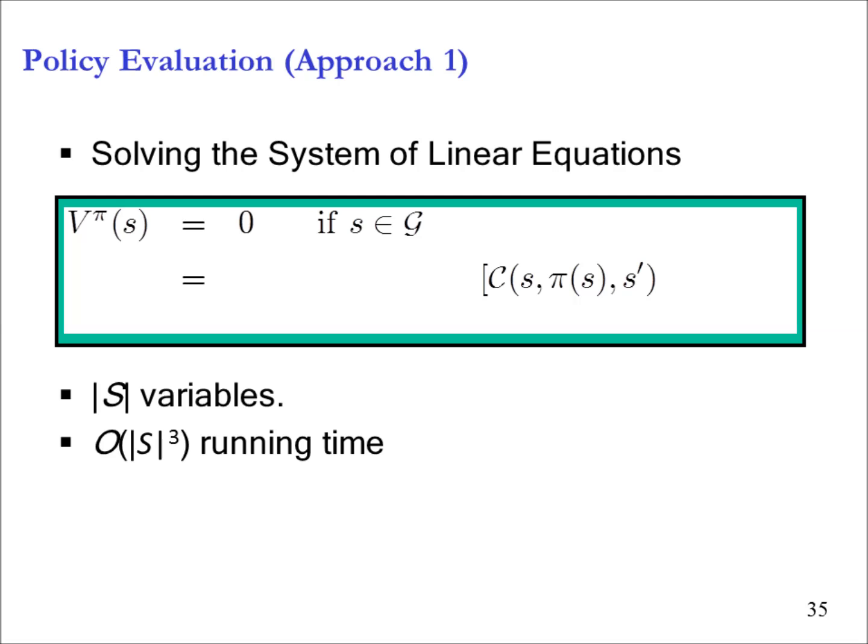This is my current cost, immediate cost. And then I'm going to pay a long-term cost, which is recursively defined as V pi of s prime. So this is the long-term cost that I will be paying. But I may reach different s primes with different probabilities. So what do I do? Probability increase. Exactly. Take an expectation. That's it.